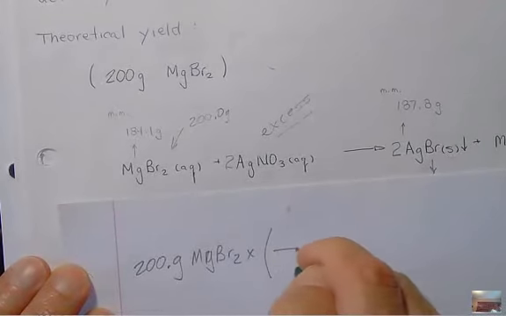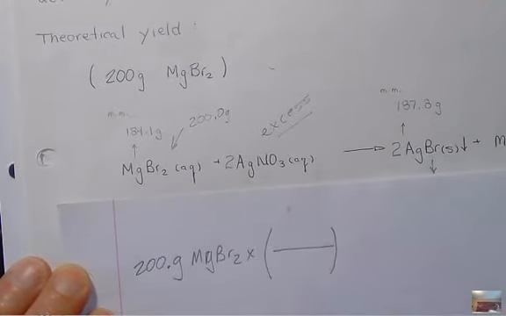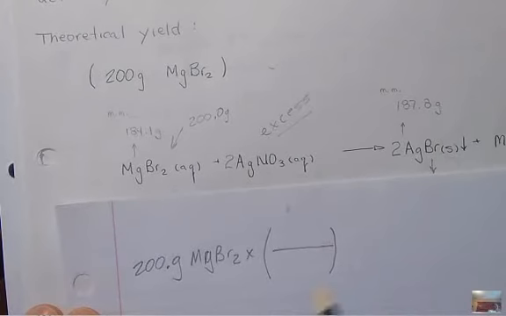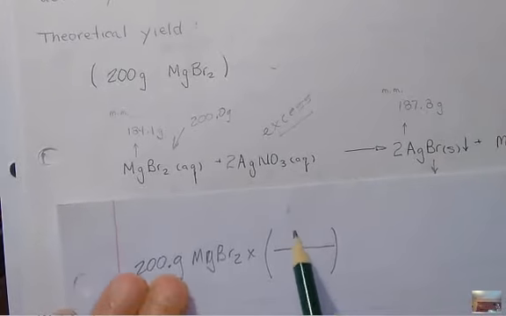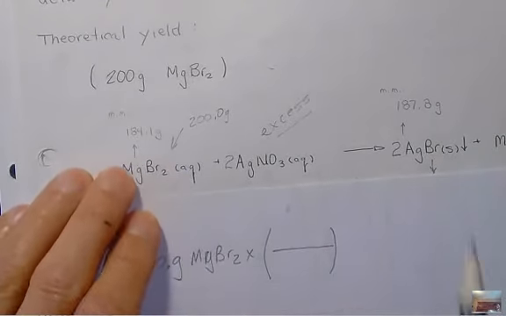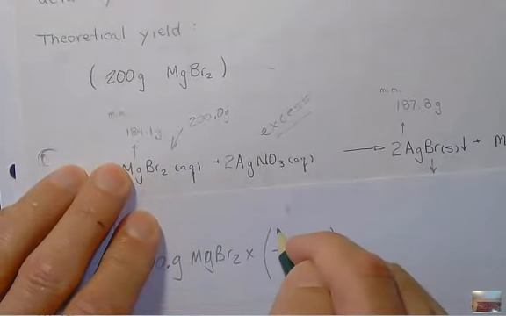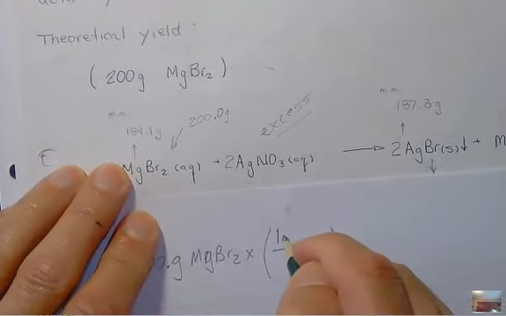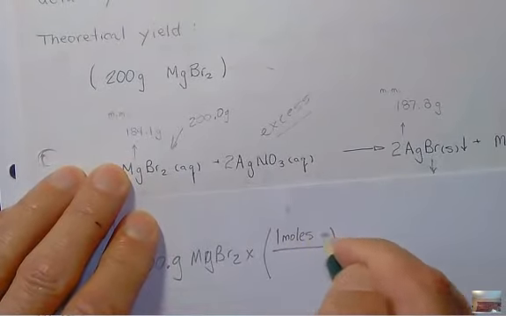Multiply by the relationship between how many grams it takes to make a mole for magnesium bromide. So the 1 mole goes here because I want to wind up in moles. I can only do stoichiometry in moles.